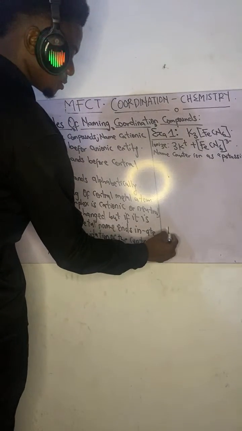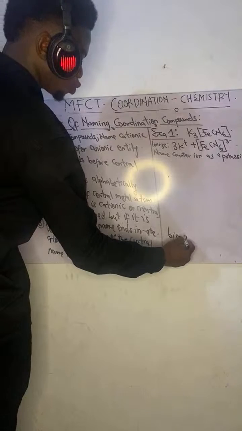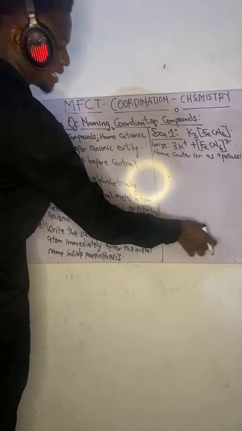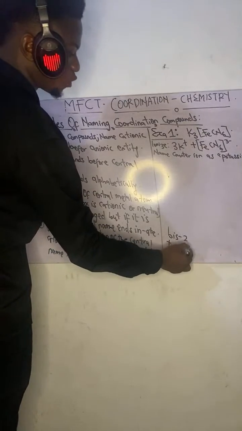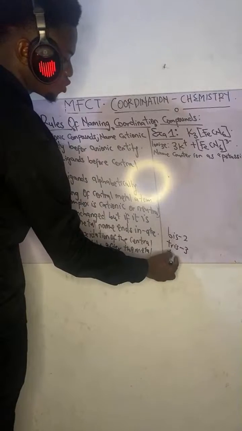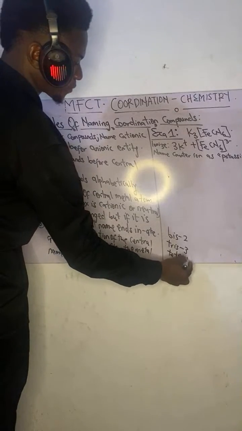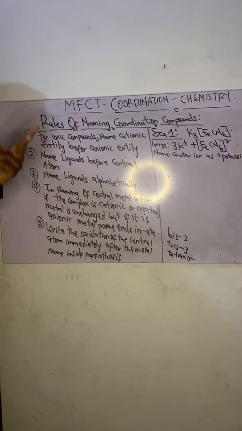But if it is a bidentate, tridentate or polydentate ligand, we use bis for 2, tris for 3, tetrakis for 4, and pentakis for 5.